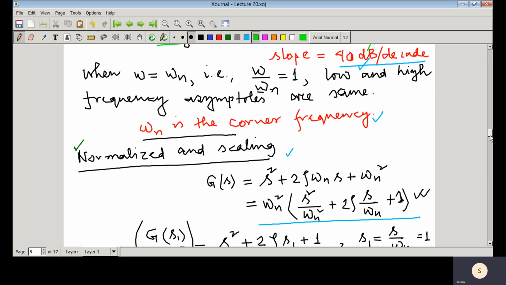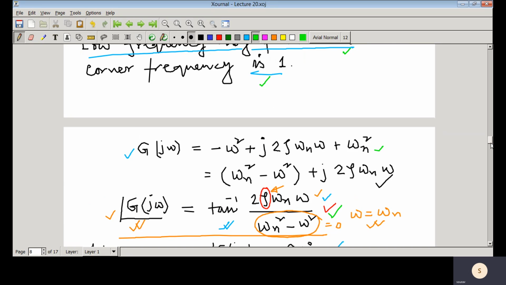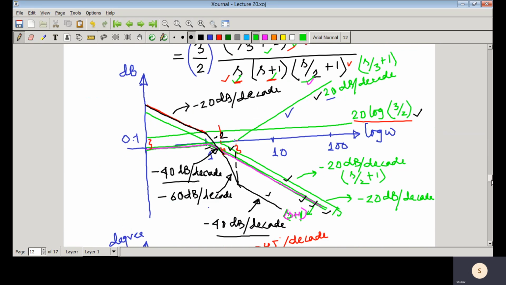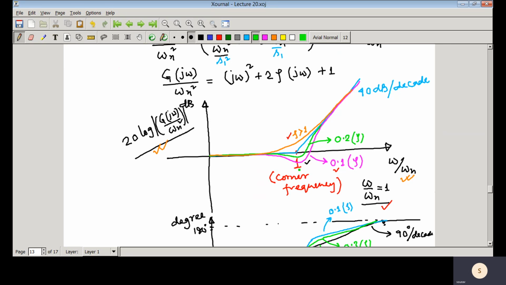But if you take it in normalized form, then the low asymptote is 0 and the corner frequency is 1. So we have considered here normalized form, so the corner frequency is 1, and below that corner frequency it is approximately equal to 0, and its slope is 40 dB per decade.